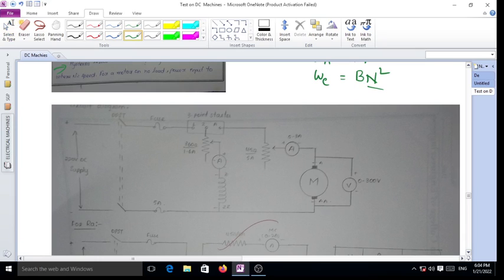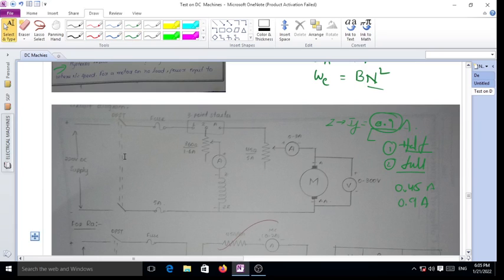We run the machine at different excitations. Suppose the machine has a full excitation current of 0.9 amperes. We take two cases: half excitation and full excitation, that is 0.45 and 0.9 amperes, and run the machine for both.